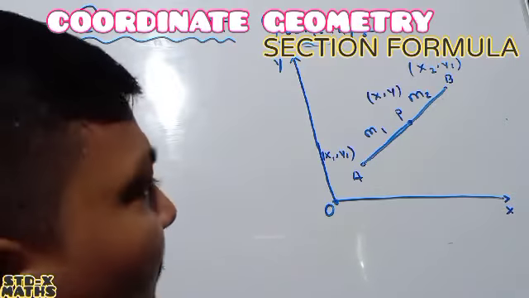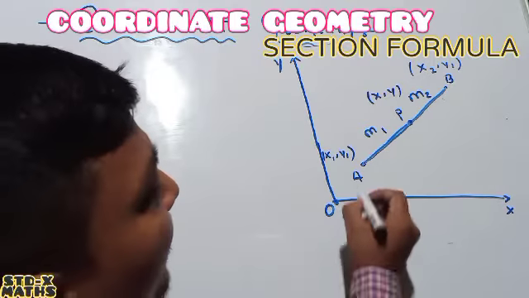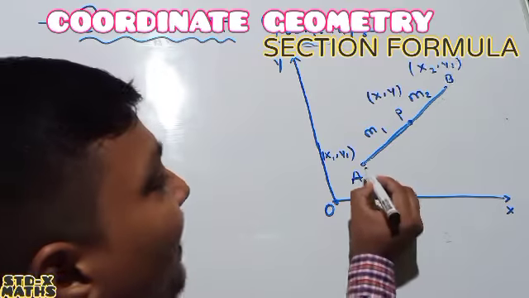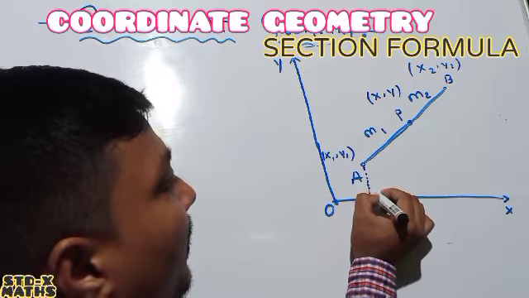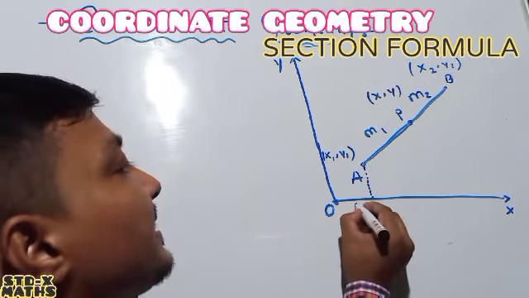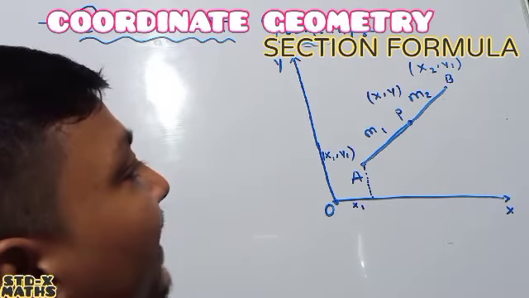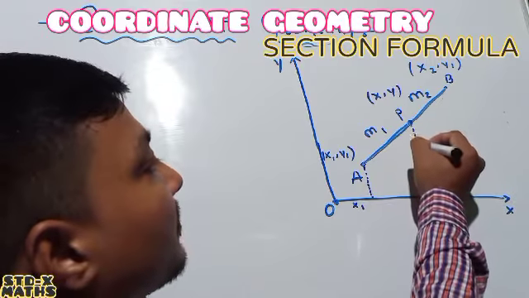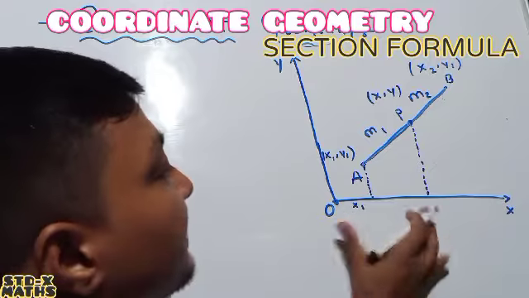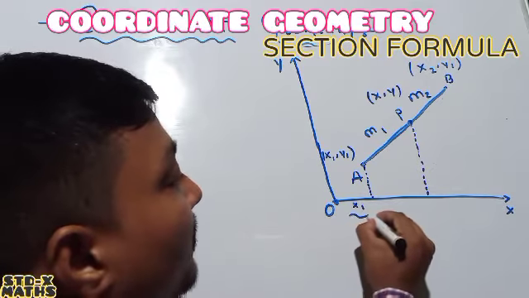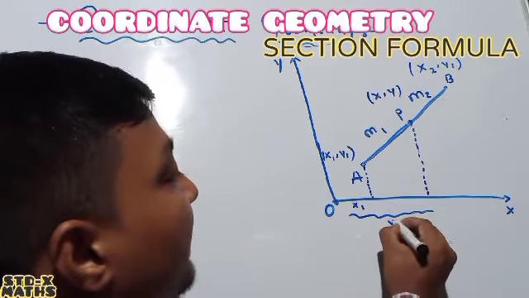Everyone see carefully. As it is A, this distance is our x1. This total distance is our x2.